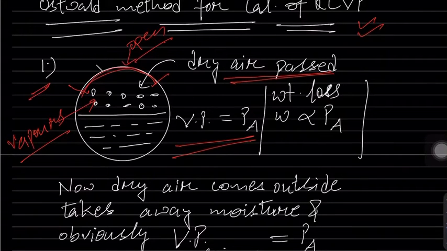So more the vapors, more the dry air will be taking those vapors along with it, isn't it? And more will be the weight loss again. For example, let us say numerically there are 2 gram of vapors, so dry air will take 2 gram of vapors. If there are 4 gram of vapors, then dry air will take 4 gram of vapors.